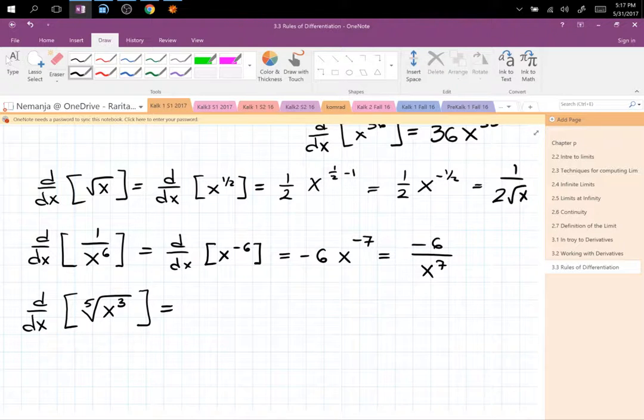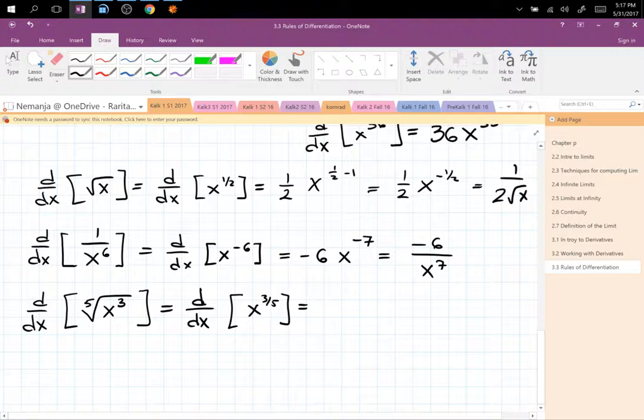Very good. So you copy this using basic algebra as x to the 3/5, and then you just go from there. That's going to be 3/5 x to the 3/5 minus 1, which gives you 3/5 x to the negative 2/5.